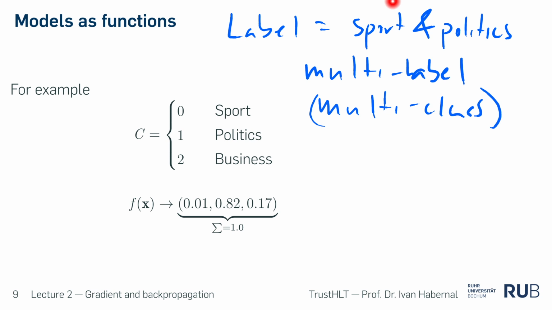Okay? Yes? What if we have an input whose content is, for example, about IE, and it's not able to fit here, like sport or politics or business? Okay, so you're saying, what if our document is not in one of these categories? Then you chose a wrong model of the world. You're deciding how many classes you have in your data set.